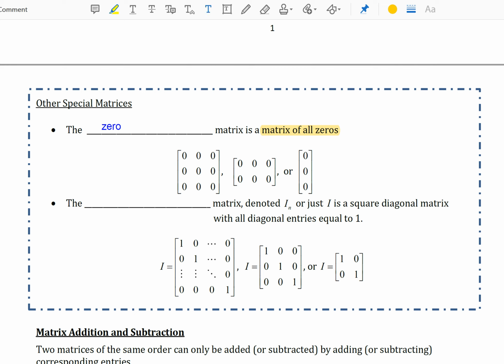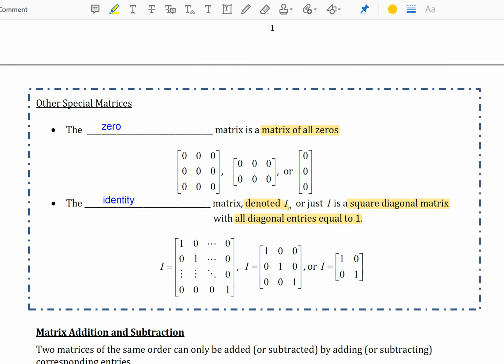Or we also talk about the identity matrix. Sometimes the identity matrix is denoted I sub n, or just I. It is always going to be a square matrix. It'll be diagonal, with all the diagonal entries equal to 1.